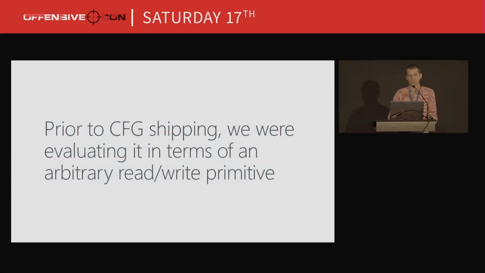Now, one thing I forgot to mention is that when Control Flow Guard was in very early development, there really was no formal threat model for it. It was really just thought of as a way to kill ROP. But prior to CFG shipping, we actually did have a more formalized threat model for it. All the decisions that we were making for Control Flow Guard assume that the attacker has an arbitrary read-write primitive.